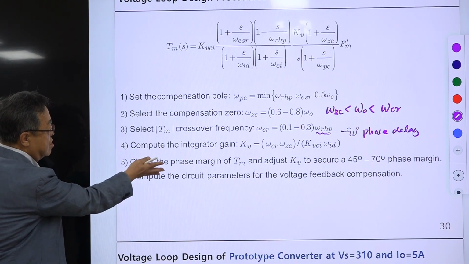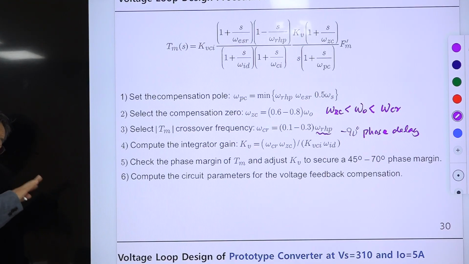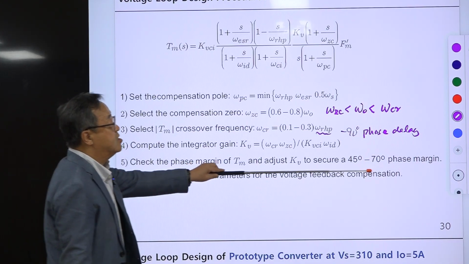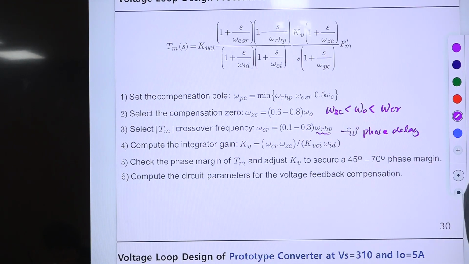Okay, with this, maybe you simulate the loop gain. Make sure the phase is somewhere between 45 degrees and 70 degrees, maybe 60 degrees is a good number.